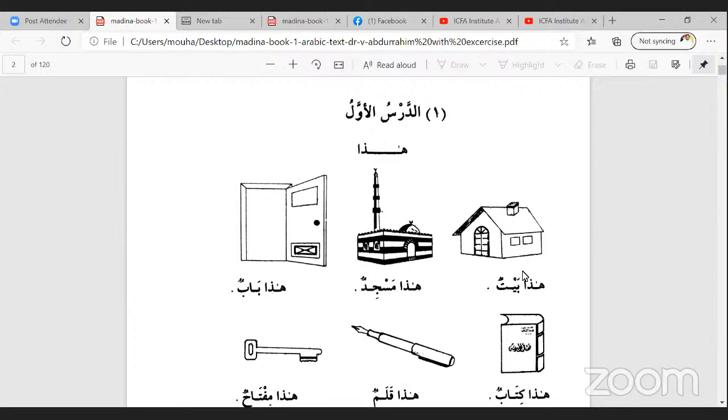Ismu is a noun. What is a noun? A noun is every single word that has meaning in itself and does not have to do with time. That's the ism. When you say baytun, a house, it has nothing to do with past, present, or future.